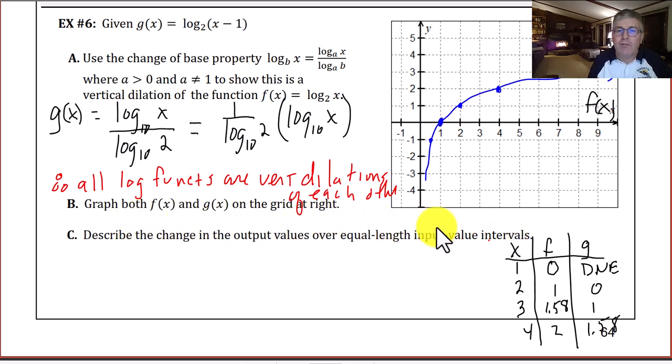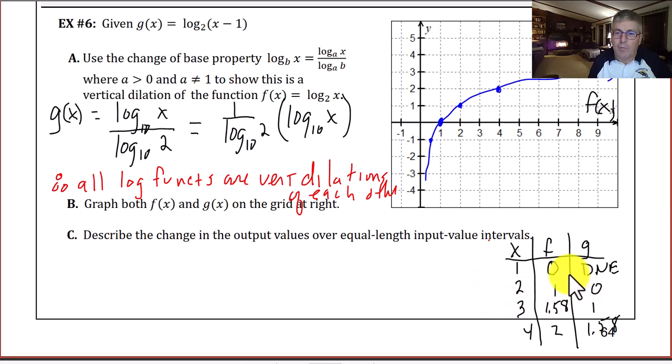So in graphing the two functions, I've done a little table of values here. When x is 1, our original function log base 2 of x, our output for f is 0. When x is 2, our output for f is 1. When x is 3, our output for f is 1.58. When x is 4, our output is 2. But for g, when x is 1, log base 2 of 0 doesn't exist. So I put 2 in for x into g, and I get log base 2 of 1, which is 0.